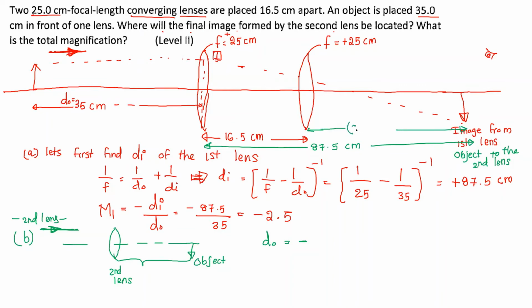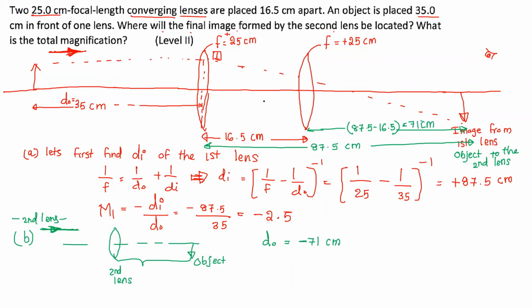It is 87.5 minus 16.5, right? This distance minus the distance between the two lenses. So when you do that, you get 71 centimeters. Yes, you have got 71 centimeters. So this is 71.